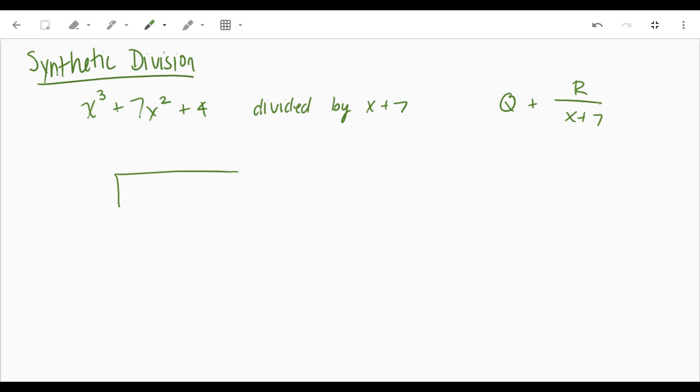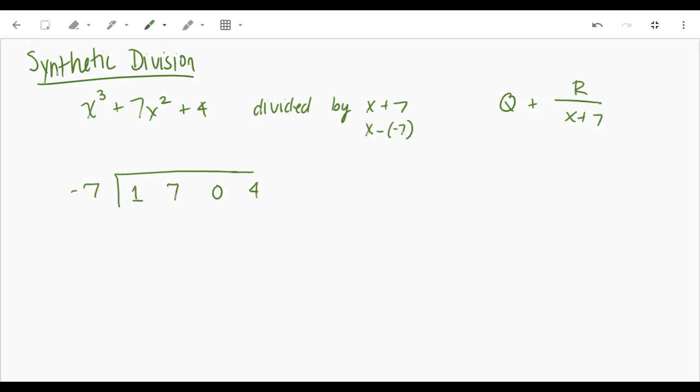So we have a 1 for x cubed, a 7 for x squared, a 0 for x, and a 4. Notice I put some spaces in between because I'm not writing 1,704. I'm just writing the coefficients. And when I divide by x plus 7, I actually divide by -7. You take the opposite. So think about it as x minus -7. That's how you set it up.